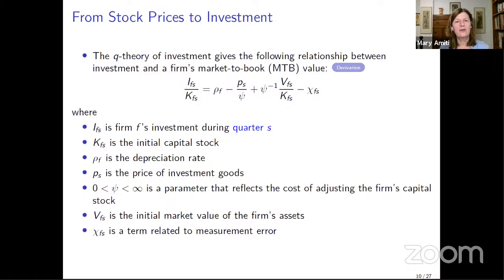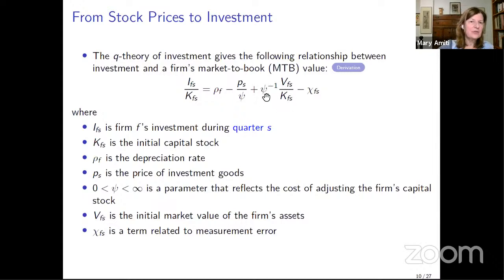The adjustment costs are infinite, and if it's 0, then you have a perfectly mobile model, and you're just going to set the marginal benefit equal to the marginal cost of adjusting capital. So what we find is that it's somewhere in between, and our estimate of this is very consistent with the literature.